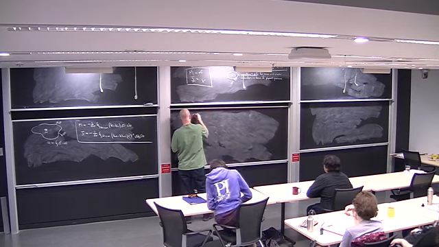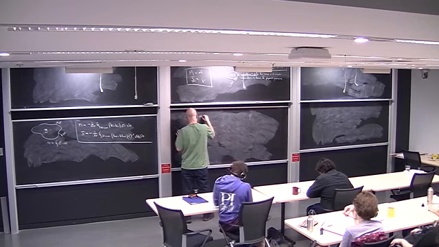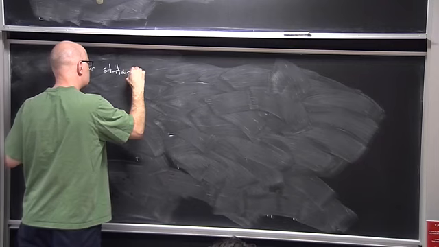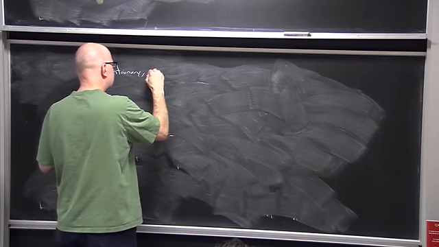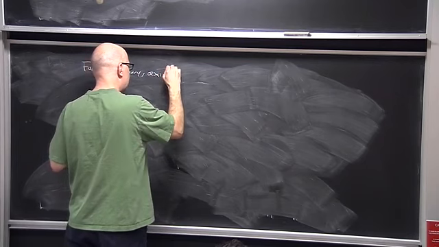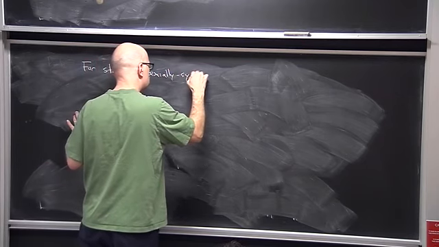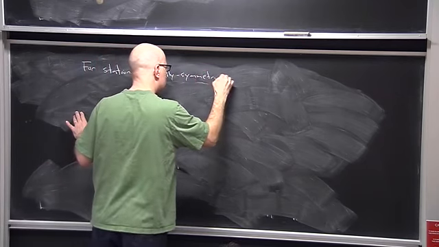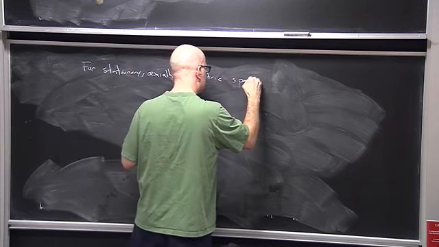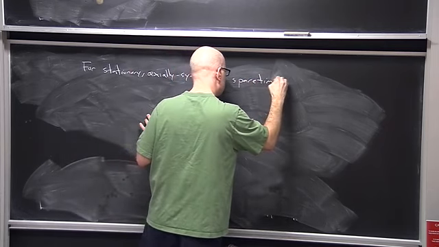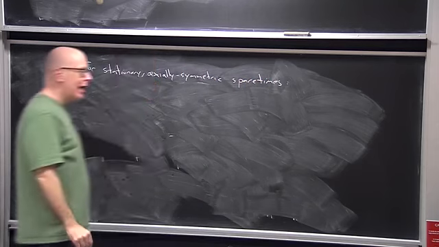Okay. So for stationary and axially symmetric spacetimes, we have Killing vectors.